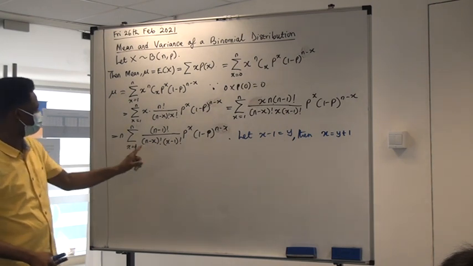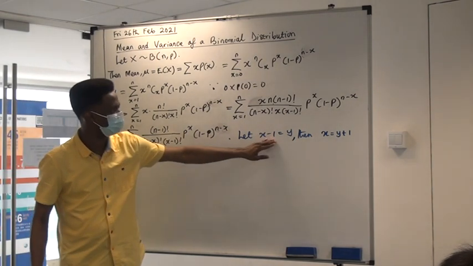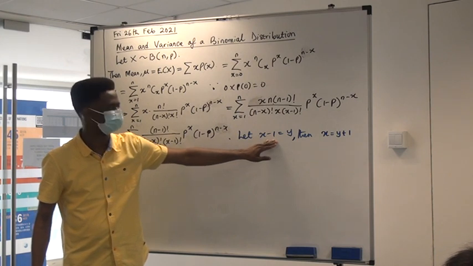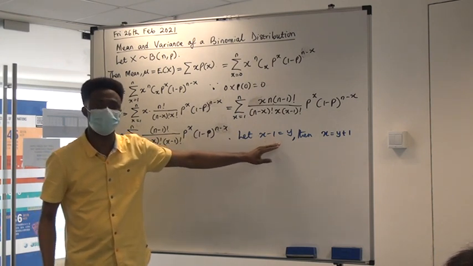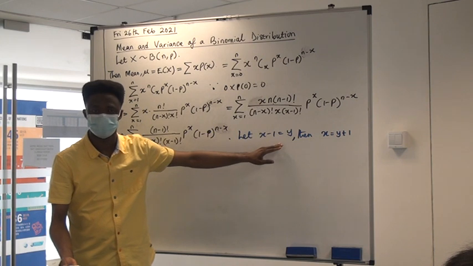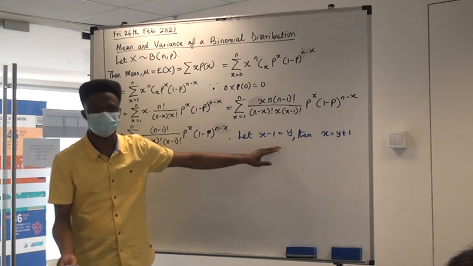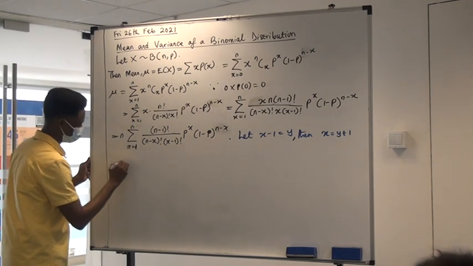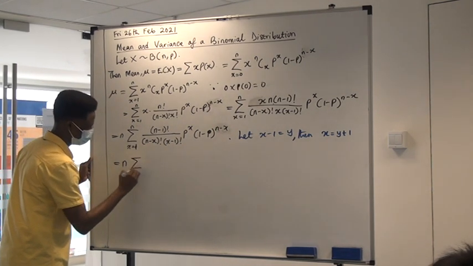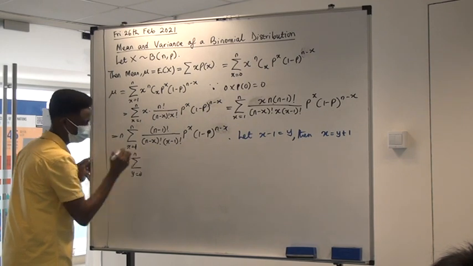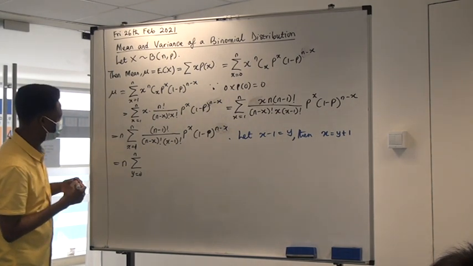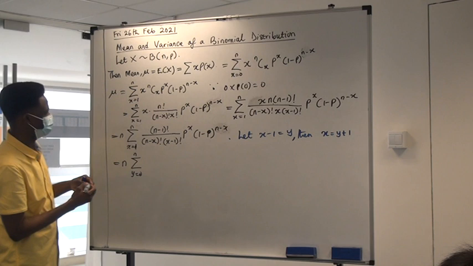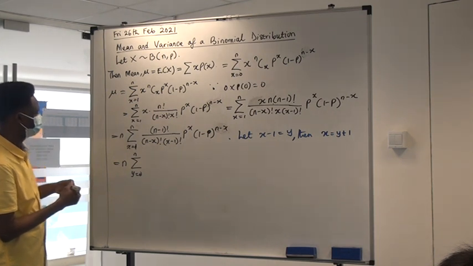When x is equal to 1, what happens here? y is equal to 0. So this automatically becomes y from 0 to n. No, not n anymore. Is it n?